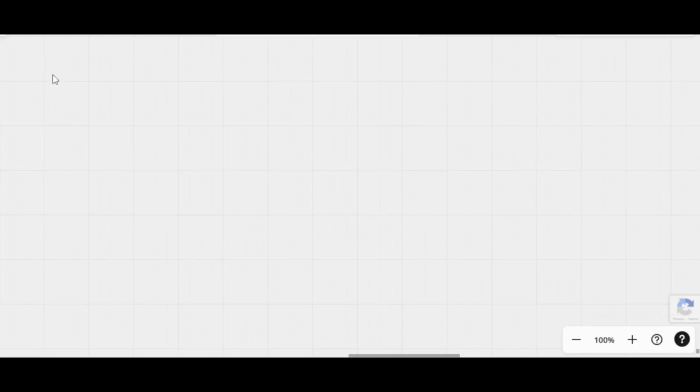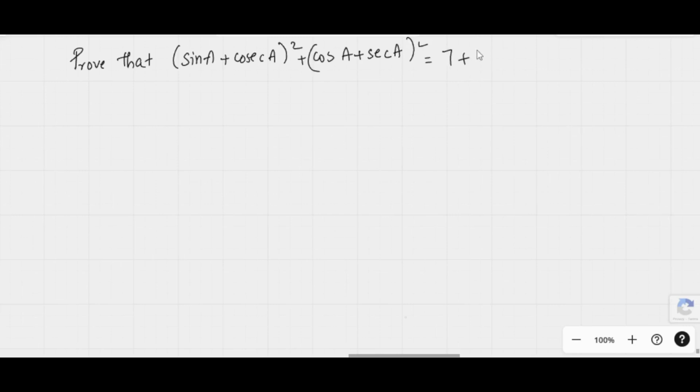Yeah. So let us solve another question also. The question is, prove that (sin A plus cosecant A) whole square plus (cos A plus secant A) whole square equals 7 plus tan square A plus cot square A. Okay, so first let us take the left hand side.